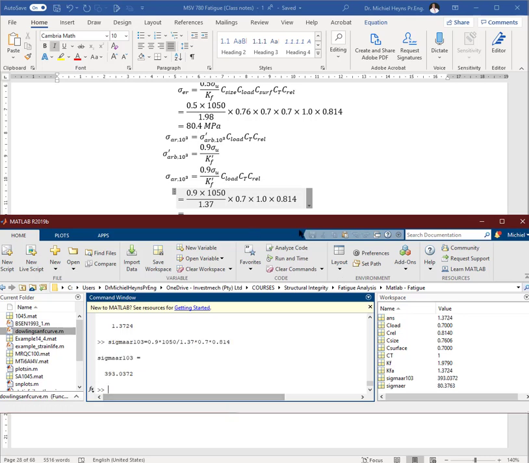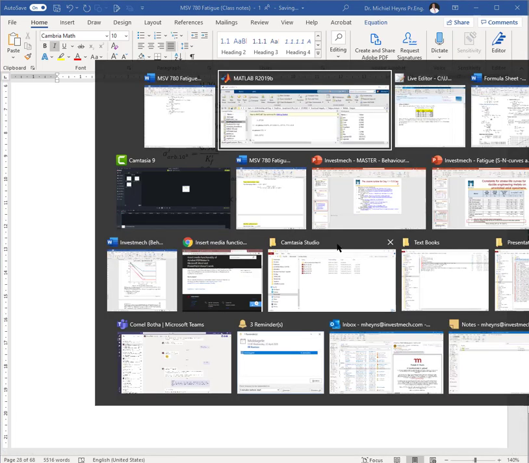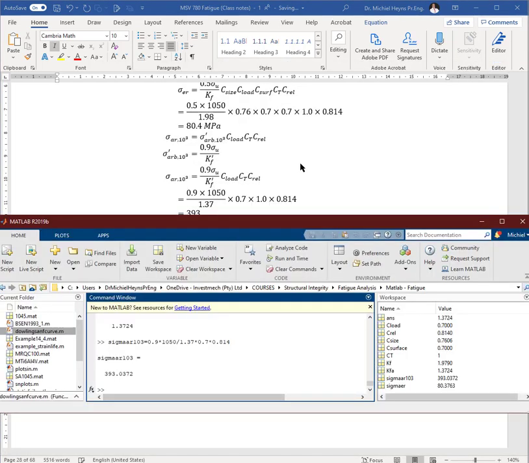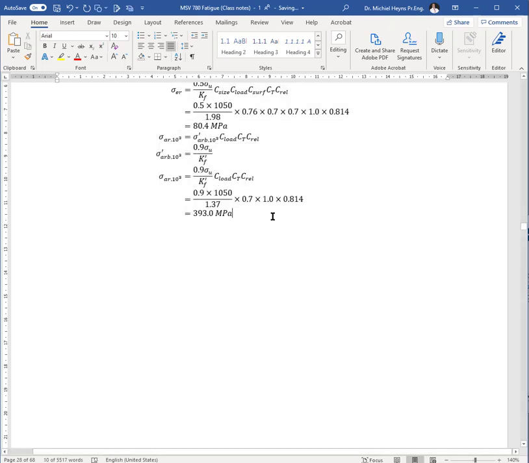And for that we get 393 MPa. Let's be consistent and give it a decimal point: 393.0 MPa. I'm happy with 393 only. So that's the point on our SN curve at 1000 cycles.